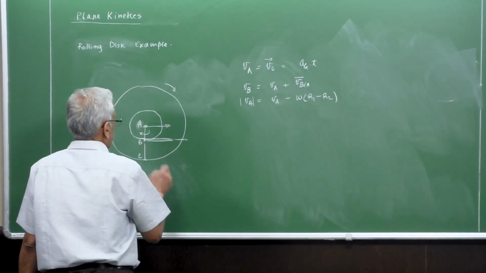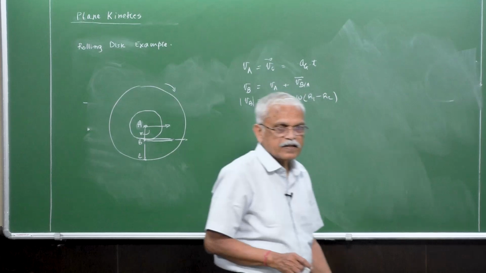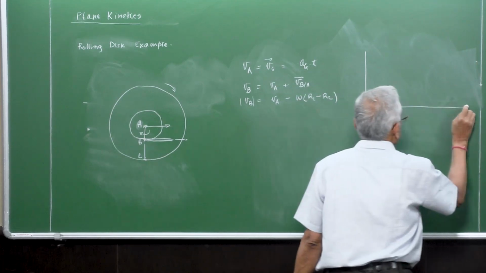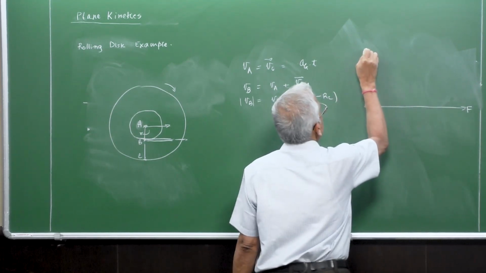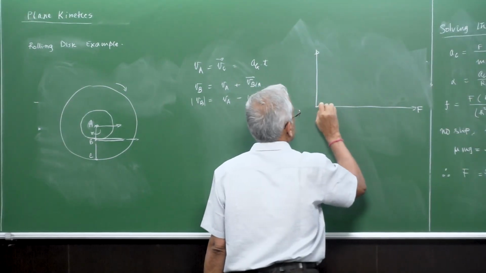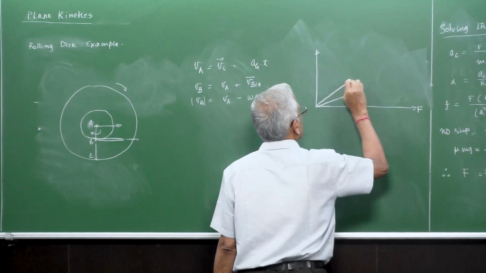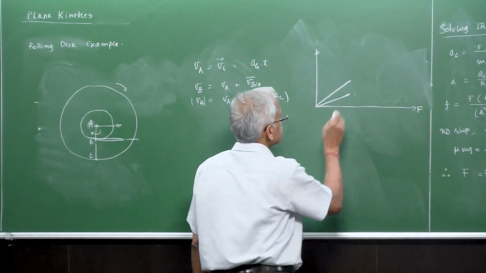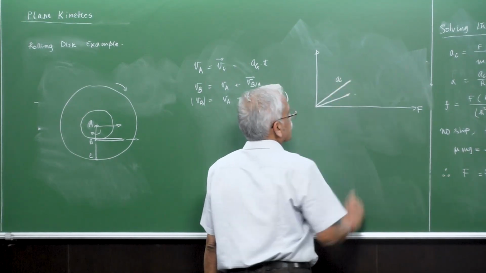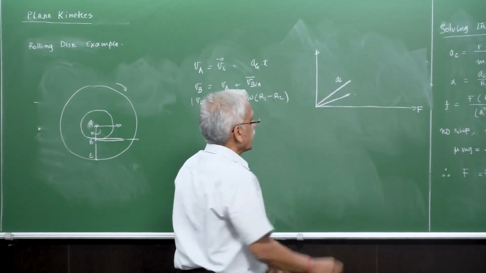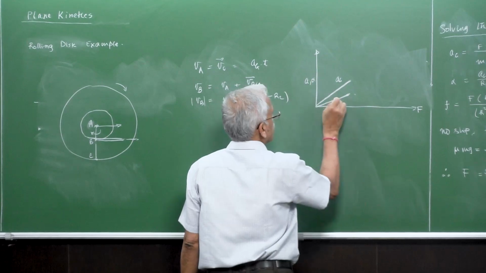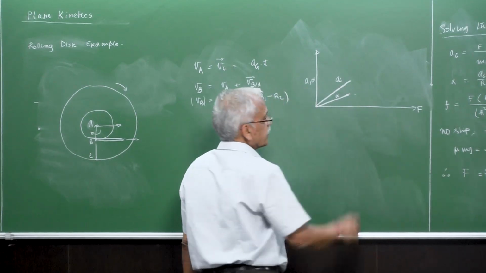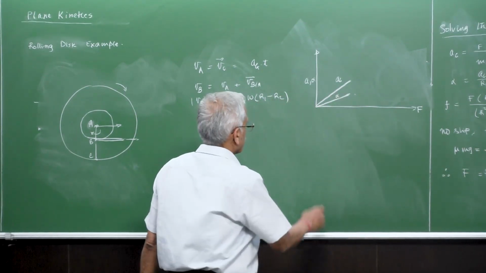Okay, so initially if you look at the graph here, the acceleration of G is increasing like this, and then we'll also show alpha here, same graph, and then this is with F. So during the first phase, this is how it is going to take place.